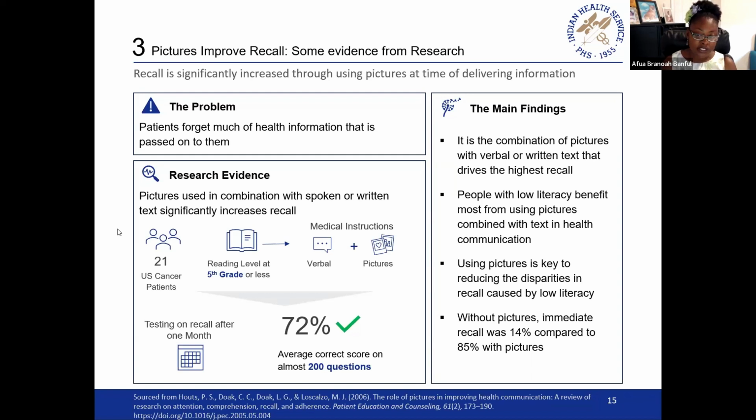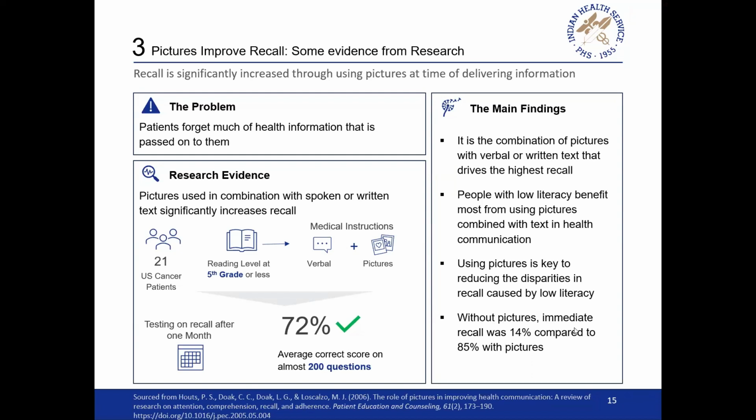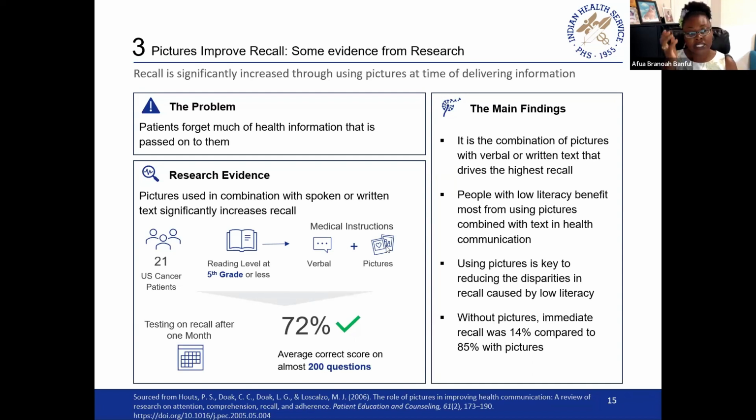So let's compare this to even immediate recall, right? I put this here as a finding just because it's so stark. These 21 people, when they were given the instructions verbally only without pictures, the average score on the questions they were asked was only 14%. Whereas those who were given the information along with pictures, you can think of the pictures as cueing your mind to remember, got a score of 85%, right?